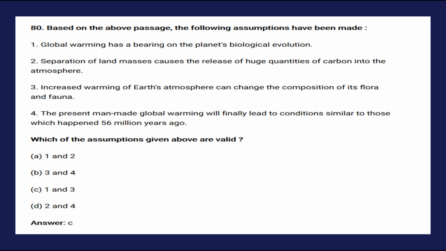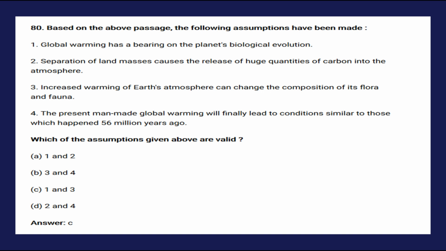Question 80. Based on the above passage, the following assumptions have been made. Statement 1. Global warming has a bearing on the planet's biological evolution. Second statement. Separation of land masses causes the release of huge quantities of carbon into the atmosphere. Statement 3. Increased warming of Earth's atmosphere can change the composition of its flora and fauna.